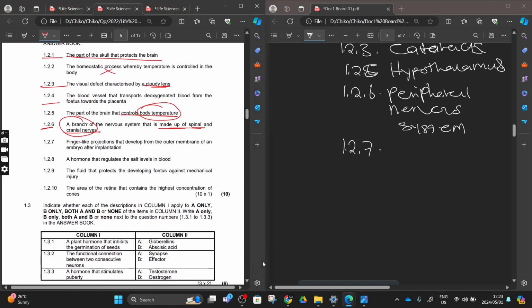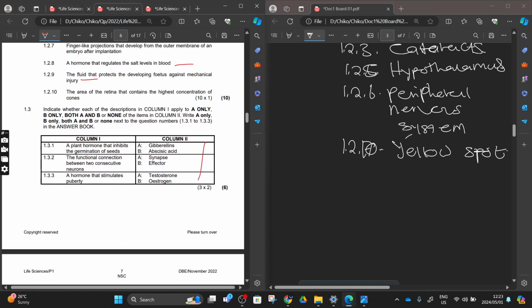We are not going to do this. And then the hormone that regulates salt, we are also going to do this. The fluid that protects the developing fetus, again, what is it? Then the area of the retina that contains the highest concentration of cones, the yellow spot, right? This one will be 1.10. We did this. This one is called the yellow spot, right? So we are moving on.